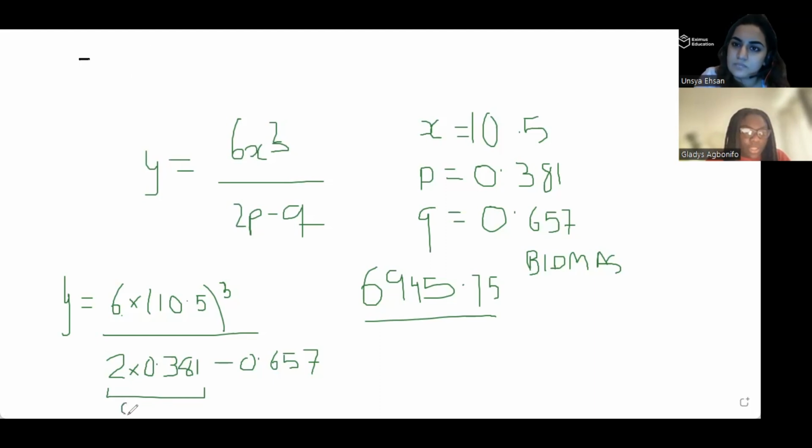So I'll write that down there. And we will have to take that away from 0.657 because we've already multiplied what needs to be multiplied at the bottom. So minus 0.657 will equal 0.105.